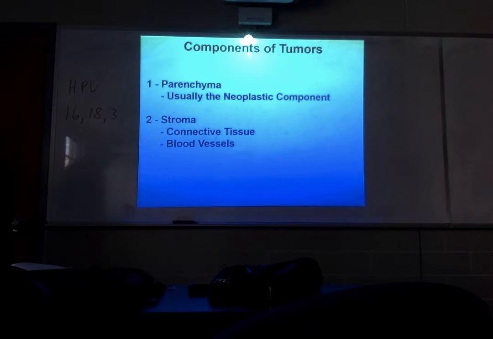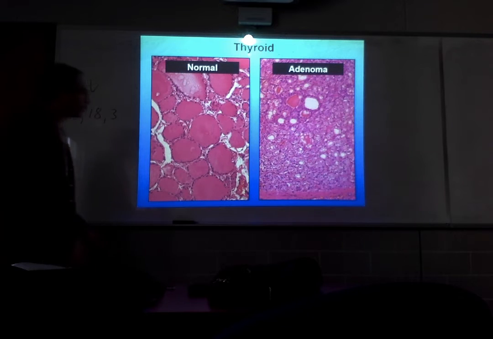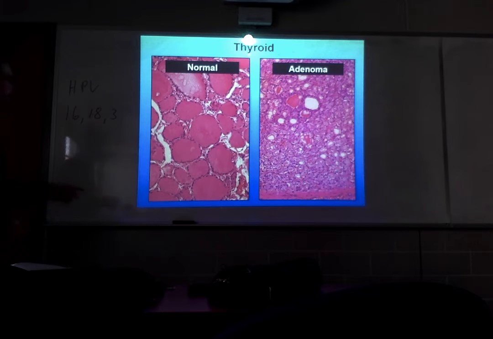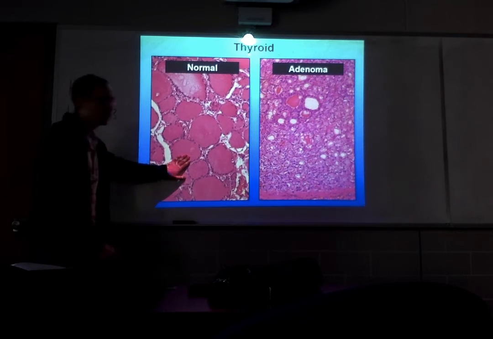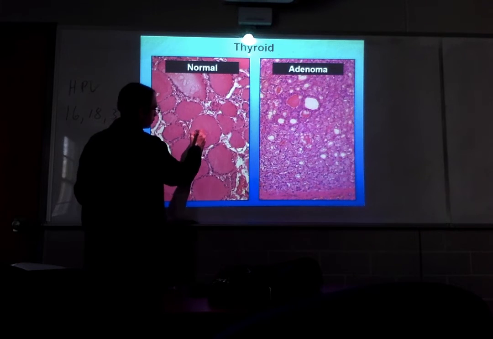Let's take a look at this. Let's go back to the thyroid. Thyroid's a perfect example to show you what parenchyma and stroma look like. Let's go to the normal tissue first. Here's normal thyroid. I've already pointed out what the stroma is. You've got the glands here, and you've got a lot of connective tissue and blood vessels here.